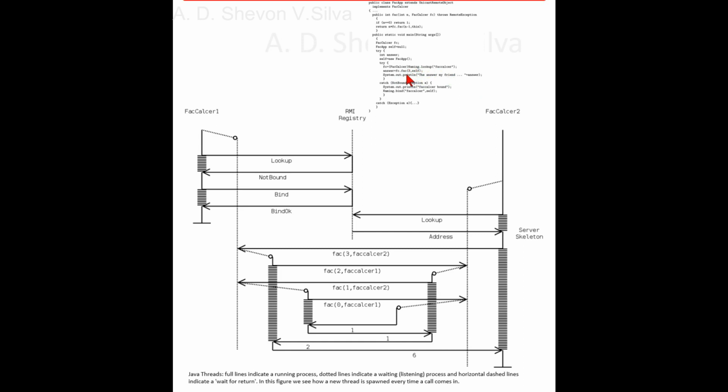If there's none, it will become a FactCalc itself and announce it in the registry. To start this program, first the RMI registry should be started, and afterward two times the FactApp.